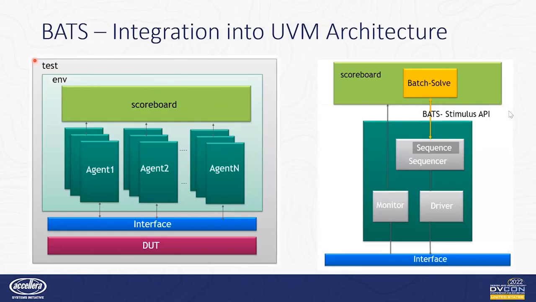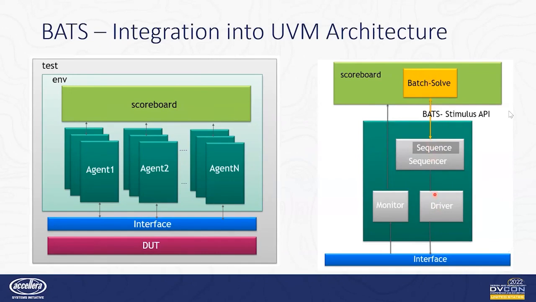This slide shows how BatchSolve can be integrated in the standard UVM architecture. The diagram on the left shows a standard UVM architecture. The diagram on the right shows how BatchSolve is instantiated in the scoreboard, and it has a stimulus API. Every sequence in every agent will have a stimulus API to talk to the BatchSolve. So when the sequence generates a memory operation, before sending it to the driver, it will ask BatchSolve for permission.